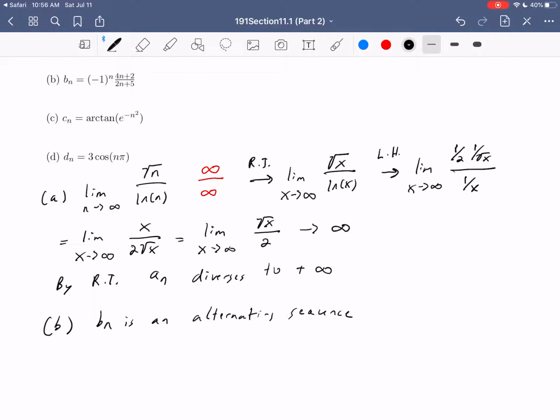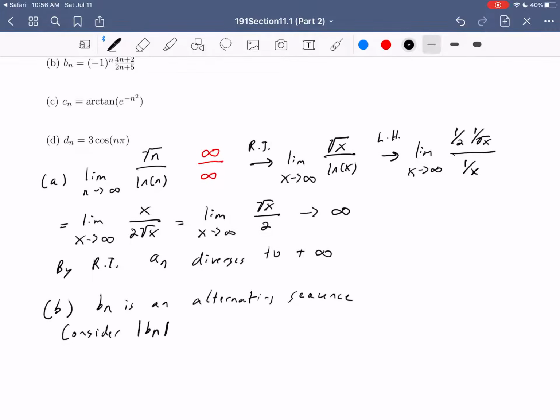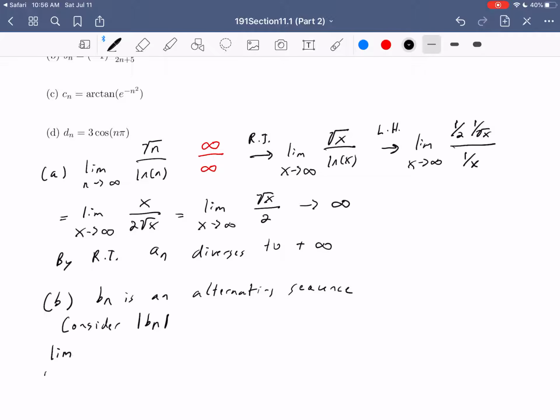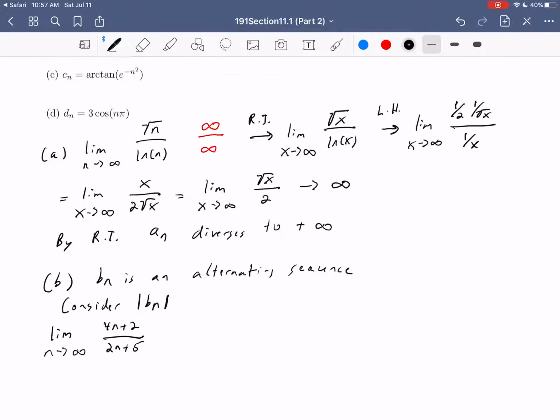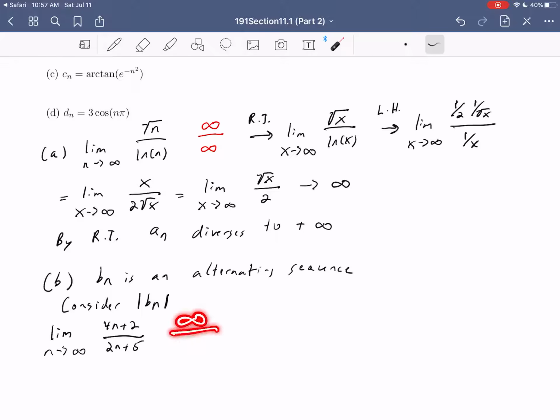So, to analyze this, we're going to consider the absolute value of b sub n, and look at the limit of that. So we'll be looking at the limit as n goes to infinity of (4n + 2) over (2n + 5). Now, this is an infinity over infinity situation, but we can do this very easily by multiplying top and bottom by 1 over n.